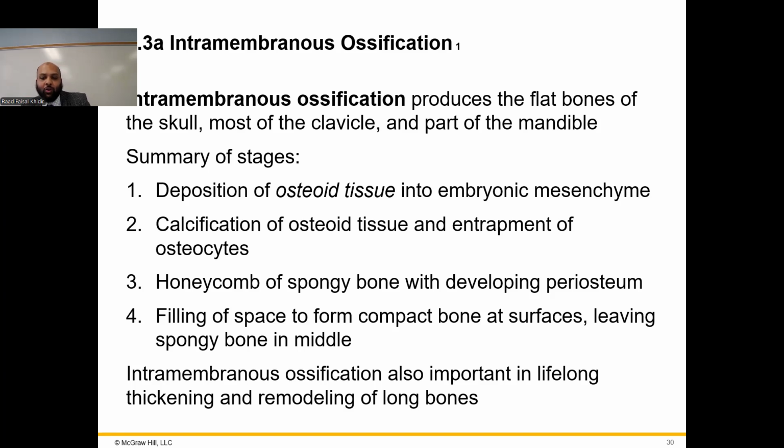Then a honeycomb of spongy bone with developing periosteum. Filling of space to form compact bone at surfaces, leaving spongy bone in the middle. So intramembranous ossification is also important in lifelong thickening and remodeling of the long bones.